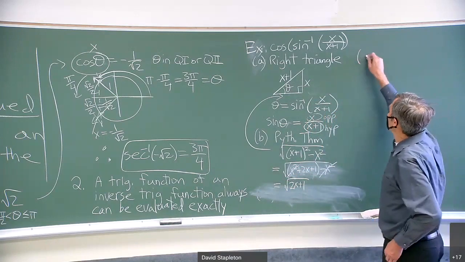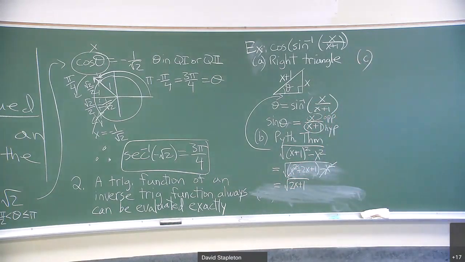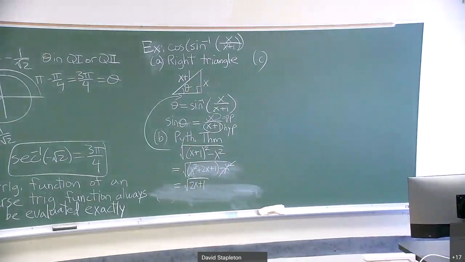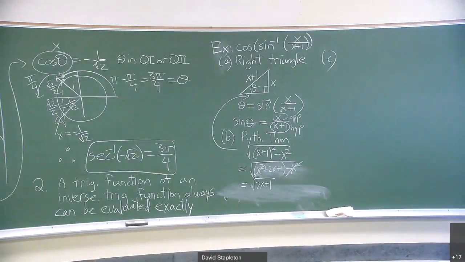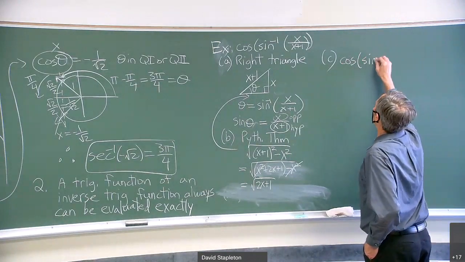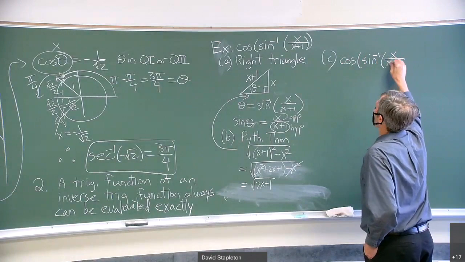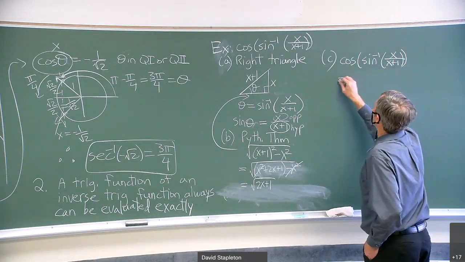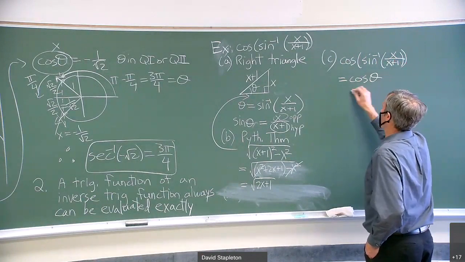Now step C, you use the triangle that you have to evaluate the original expression. So you say the cosine of the arc sine of x over x plus 1 is equal to the cosine of theta, because I built theta that way.